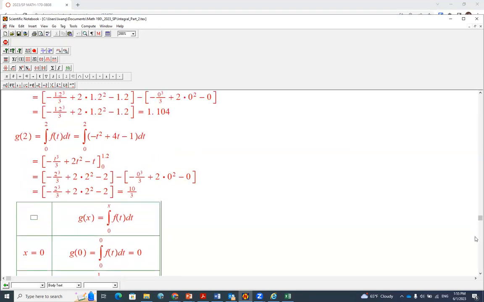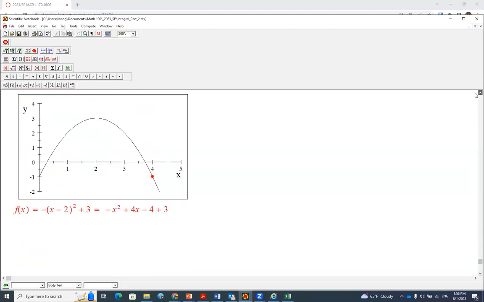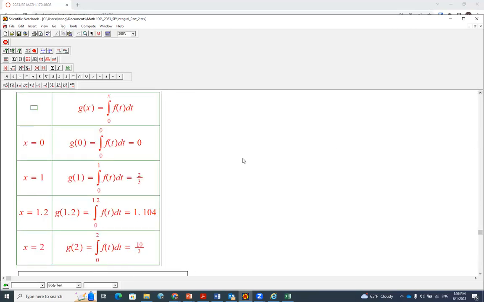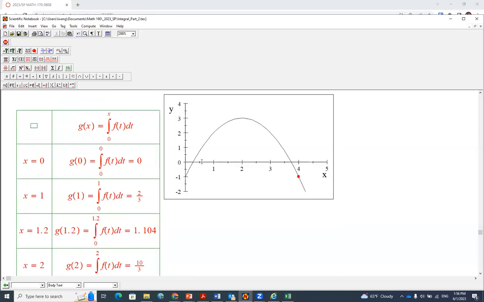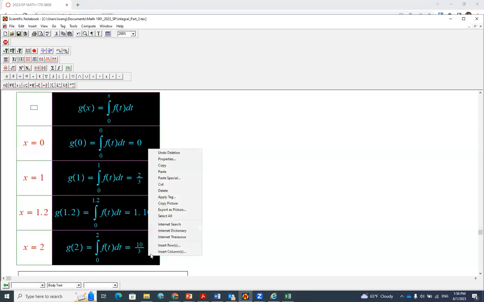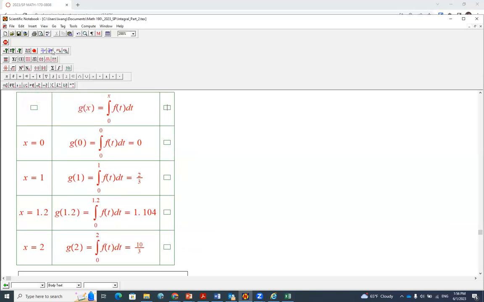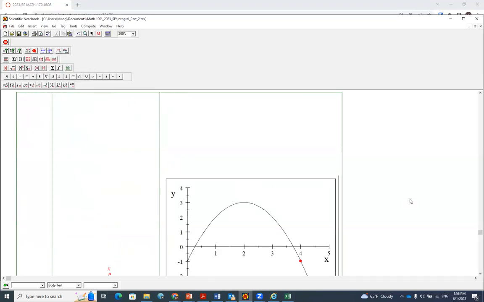Okay, I'm going to show you with this picture. This is the picture of the graph. I'm going to insert a column and put my little picture right there.